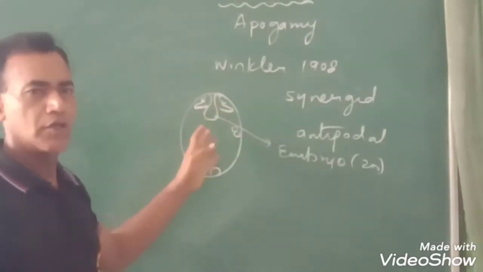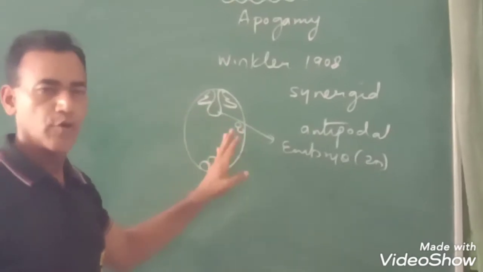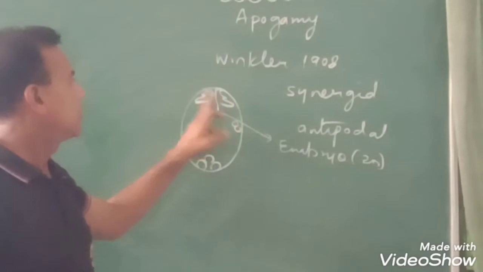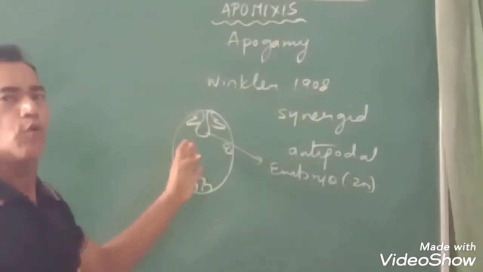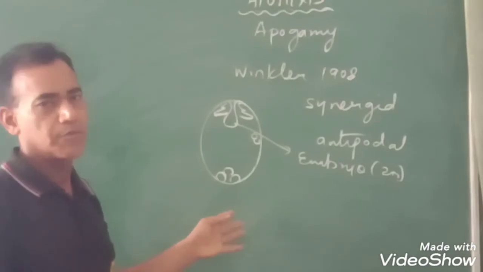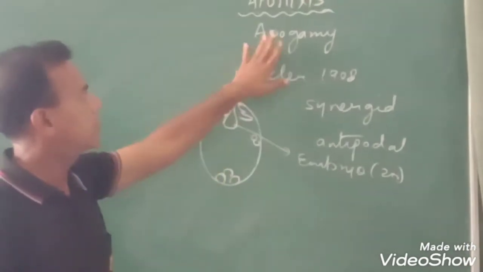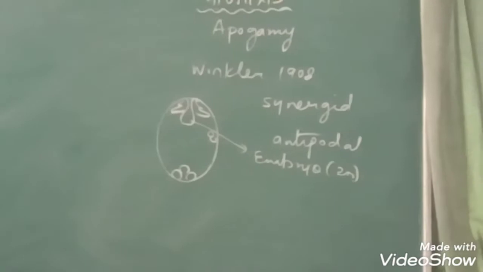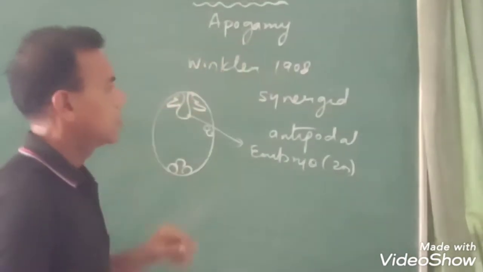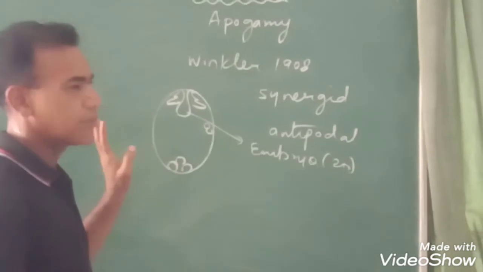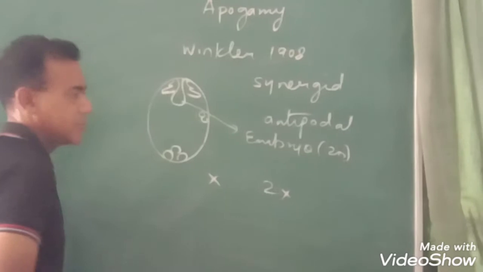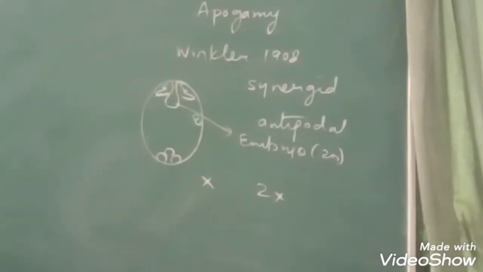They do not take part in embryo formation, but sometimes either of these synergids or both of these synergids and these antipodals participate in embryo formation, and this is known as apogamy. The embryos formed by this method can be X or 2X in nature, haploid or diploid.